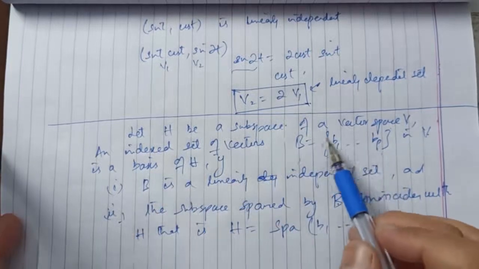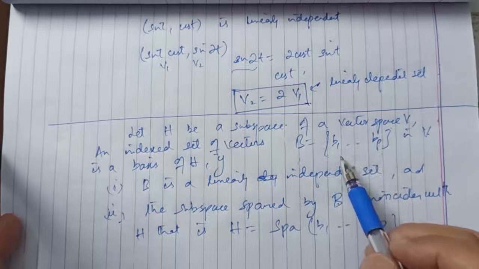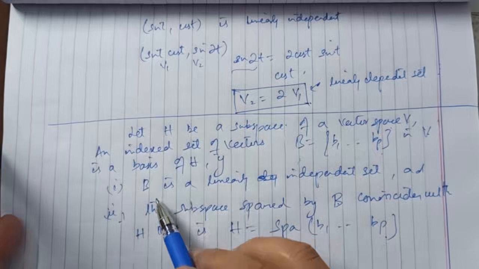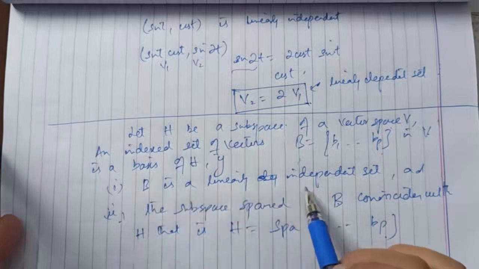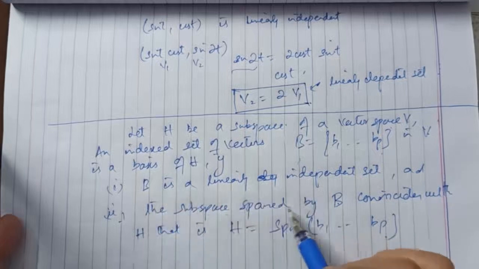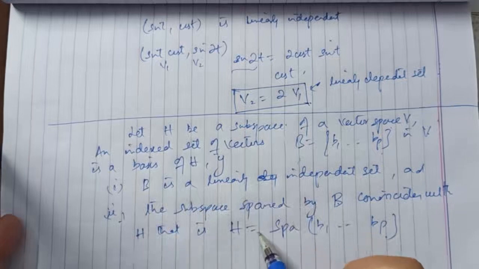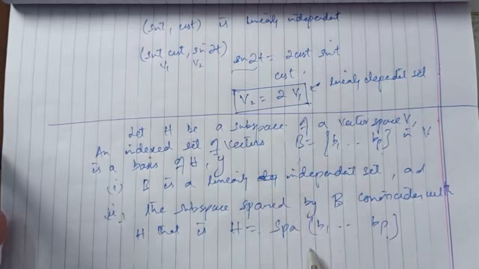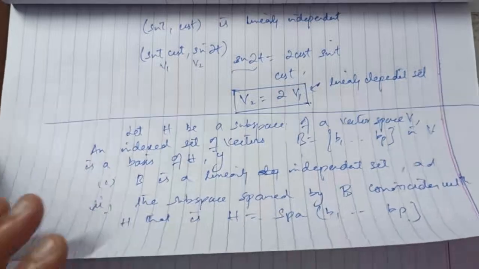It means any of the vectors cannot be written in terms of the others. So B is a linearly independent set, and the subspace spanned by B coincides with H. That is, H is equal to span of b1 to bp. Last time, remember that we have already defined that the span of linearly independent vectors forms a subspace.